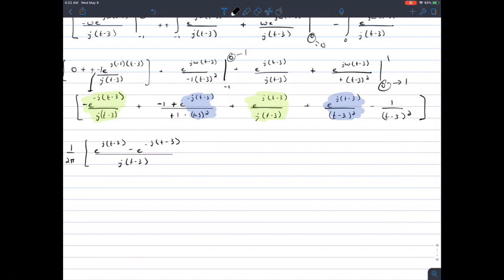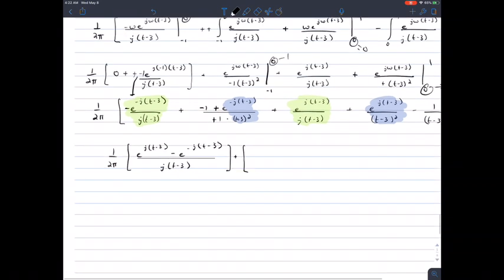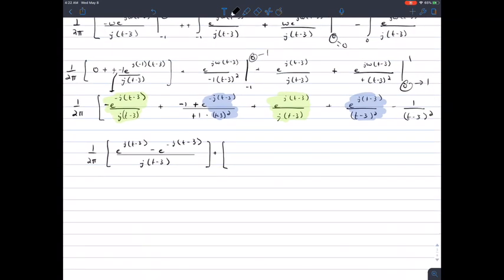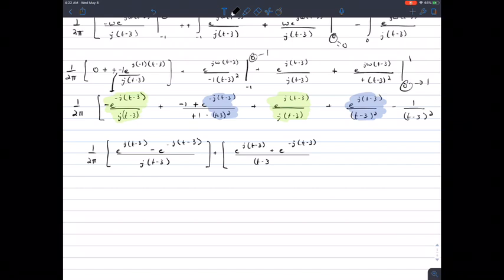Okay. Go ahead and sew that up. Plus e to the j(t minus 3) plus e to the negative j(t minus 3) divided by (t minus 3) squared.